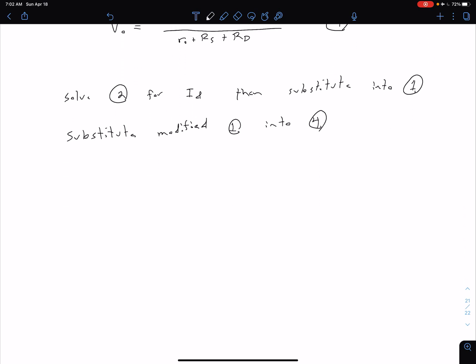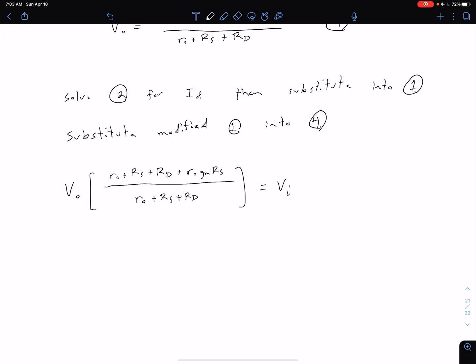Again, glossing over a lot of the steps, what we end up getting is that our Vout times R0 plus RS plus RD plus R0 GM RS, divided by R0 plus RS plus RD, is going to be equal to Vn times, and we're going to have a couple values over here: negative RD times R0 GM divided by R0 plus RS plus RD, multiplied by our voltage division ratio, R Thevenin, times R divided by RSI plus R Thevenin.